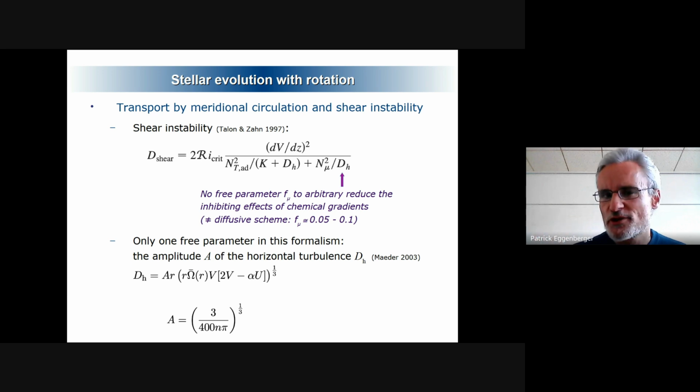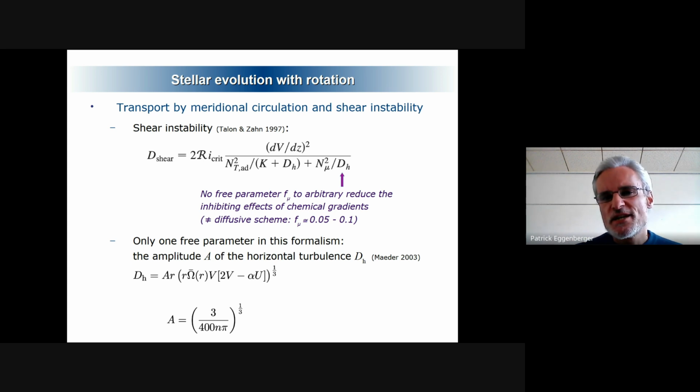So this is a very important advantage of having this fully advective-diffusive scheme, which is much more physically related to this horizontal turbulence than what can be done, and this is something that you will see, for instance, in the fully diffusive scheme, when you have to account for a reduction, which is arbitrary, of this inhibiting effect of chemical gradients by usually simply accounting for a very low efficiency of these gradients.